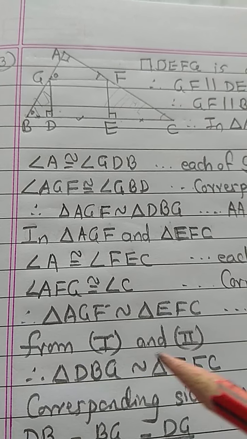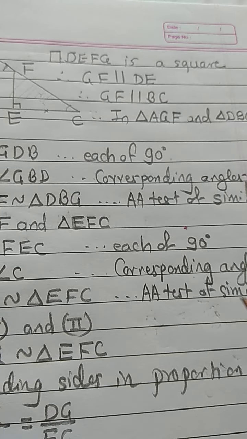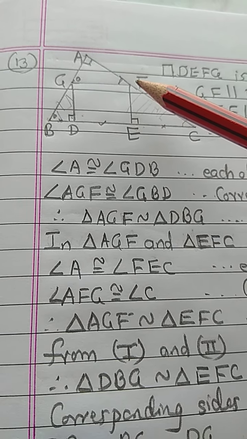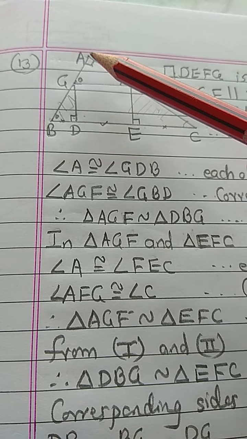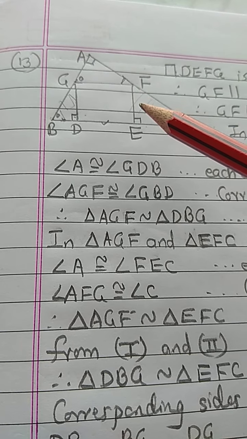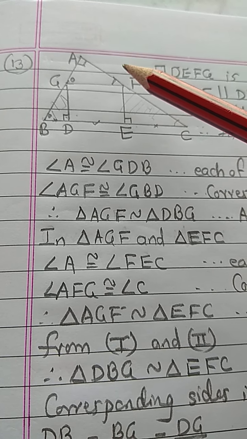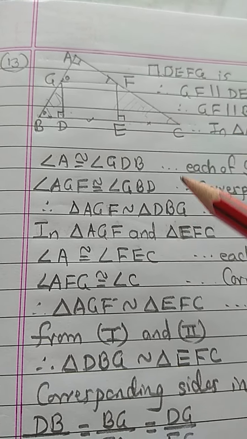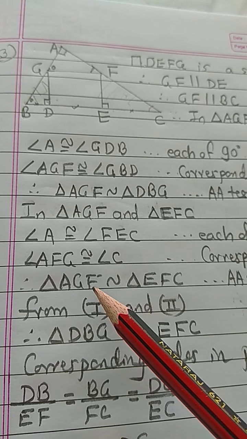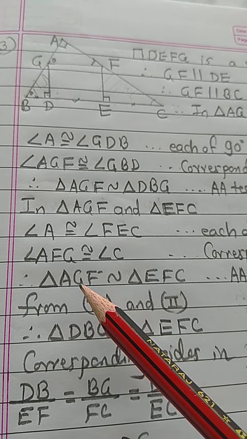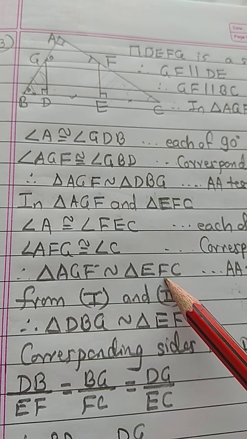Therefore the triangles are similar by the AA test. If you are writing AGF once again, then with this point A we have to get correspondence with vertex E, and if F and C are congruent, then this F should correspond with this C, and the remaining G will correspond with this F.